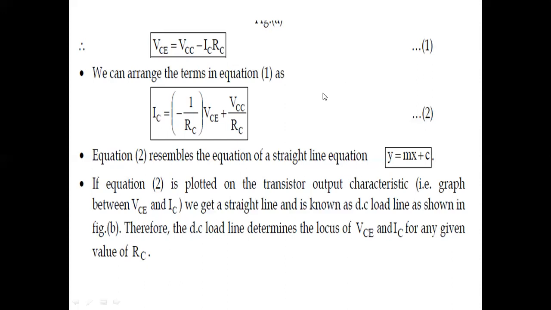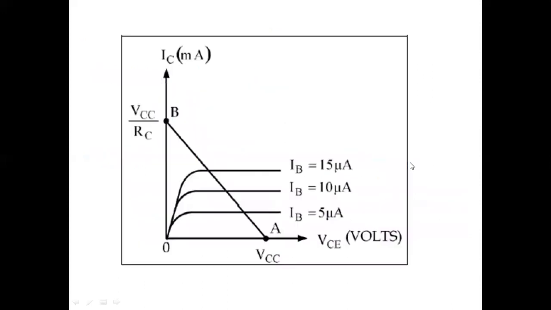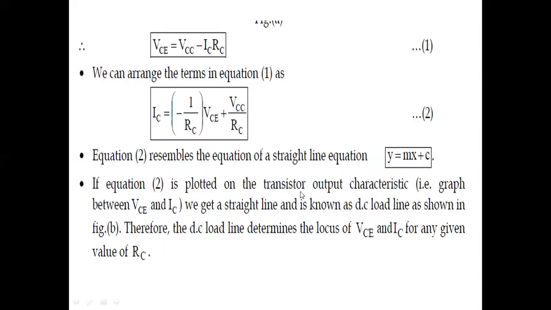Similarly, c represents the constant, which is VCC by RC. Since VCC is constant and RC is constant, the ratio gives a constant value. So y can be given as mx plus c.